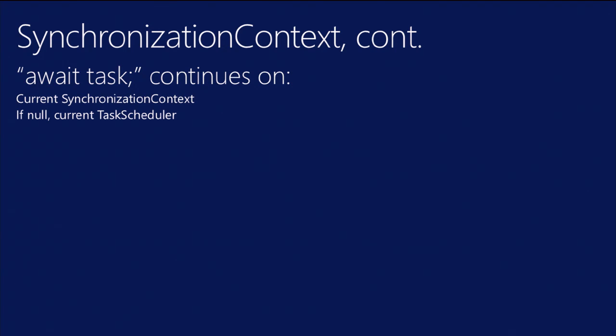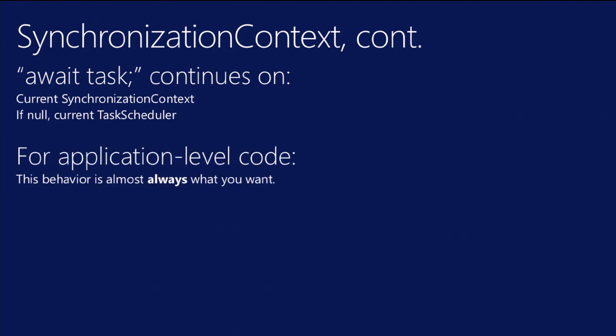We then want to jump from there back to where you just were, so you can continue writing UI logic and have that trusted environment where you can do UI operations, right? So we save the sync context. Potentially, if there's no sync context, we'll save a task scheduler. That's one of those TPL constructs. We hold on to that, and then when we're done, we schedule you back into that environment, right?